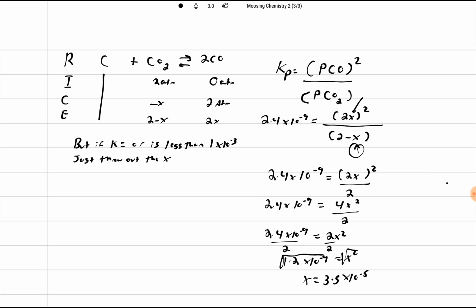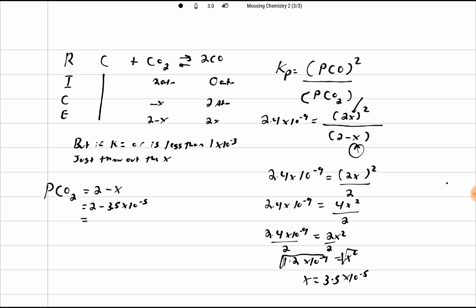Now it asked us to find out at equilibrium what were the partial pressures of the gases. So we'll start with PCO2, the partial pressure, is equal to 2 minus x. So our x is 3.5 times 10 to the negative 5th. So this is 2 minus 3.5 times 10 to the negative 5th.